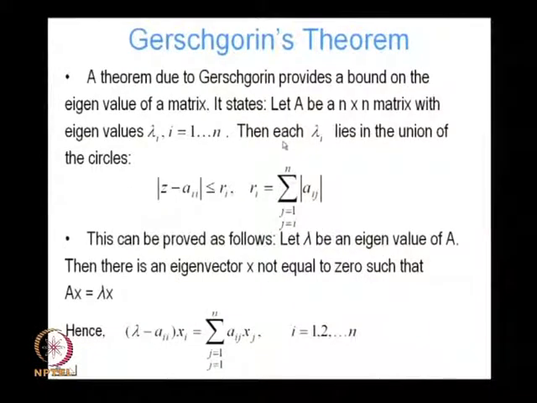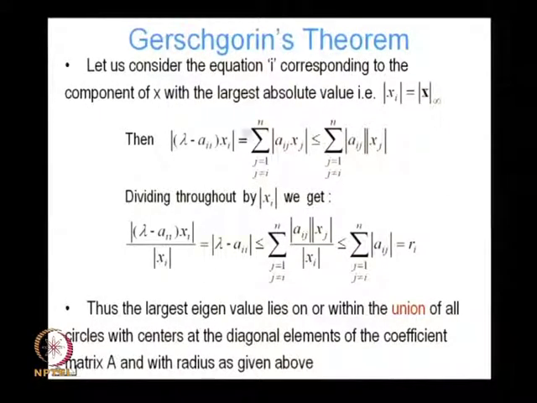So, basically I am just taking mod of both sides, and mod of the sum of Aij xj is going to be less than or equal to the sum of mod of Aij xj. We have seen this many times before, and we divide throughout both sides by mod of xi.